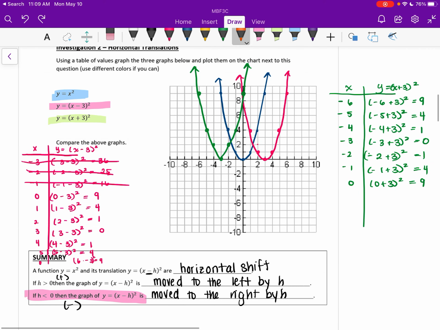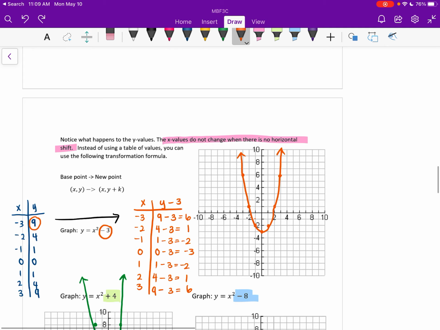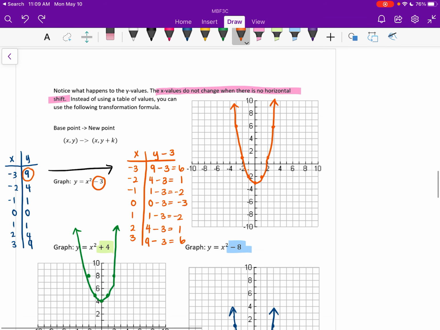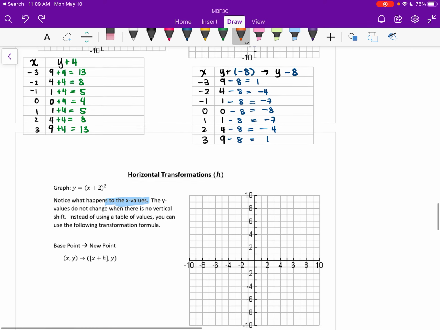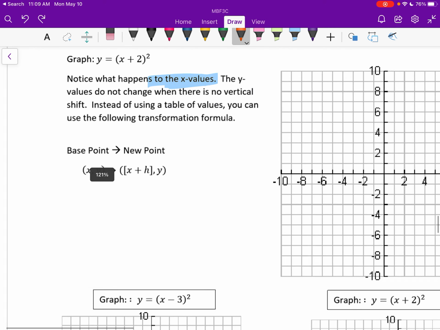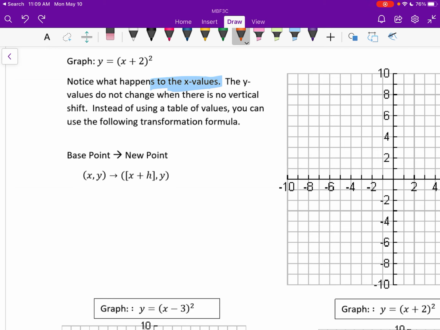So let's go in here. For the k shift, we add the k value to y. For the h shift, or the horizontal shift, instead of changing the y values, we change the x values. How we change the x values is that you take whatever your h value was here, you change the sign, and then you put it into this equation.